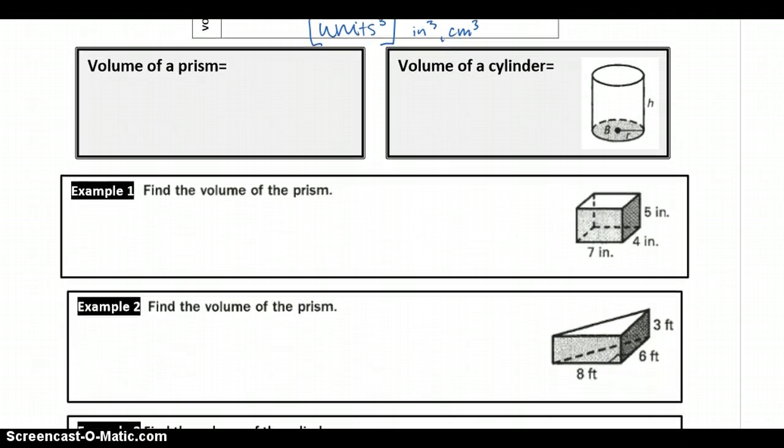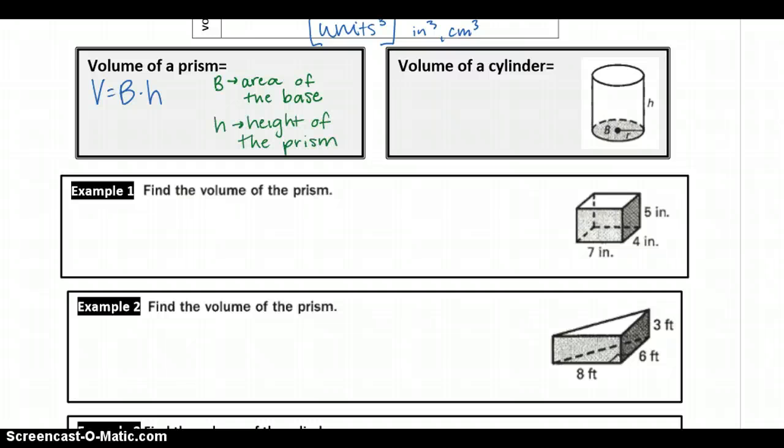The formula for the volume of a prism is given by V equals capital B times H, where B is the area of the base of the prism and H is the height of the prism. The volume of a cylinder is given by the formula V equals capital B times H as well.